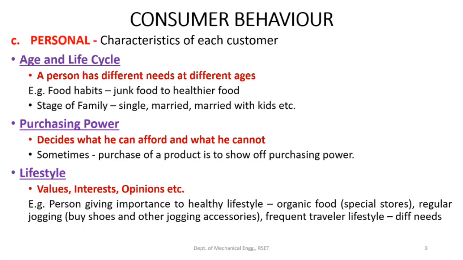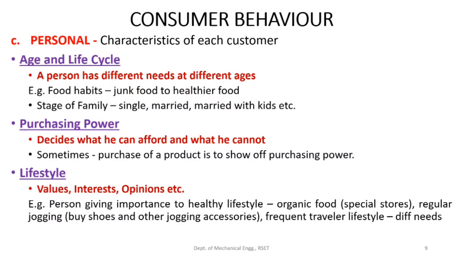The third important personal factor influencing consumer behavior is lifestyle. Lifestyles include people with similar values, interests, opinions, etc. An example of how lifestyle would influence consumer behavior: take the case of a person giving importance to a healthy lifestyle.